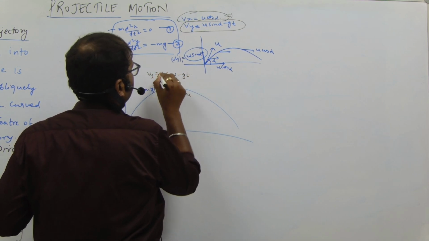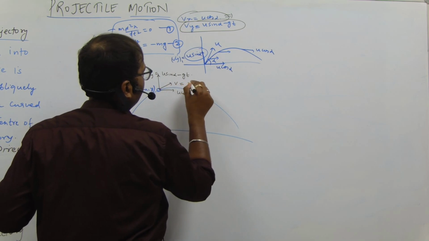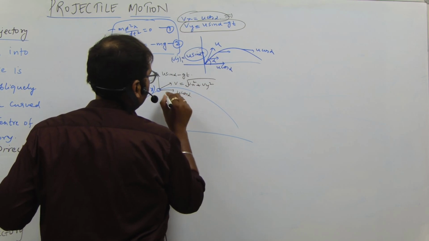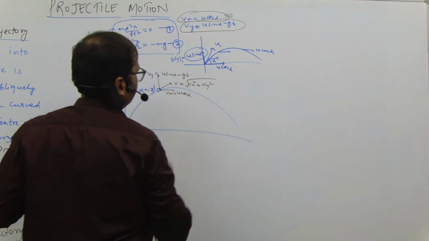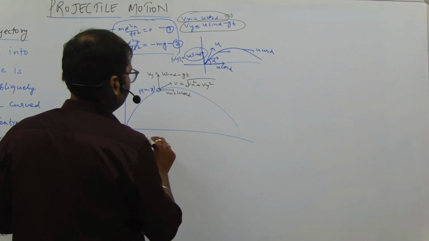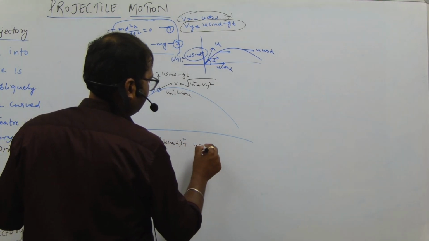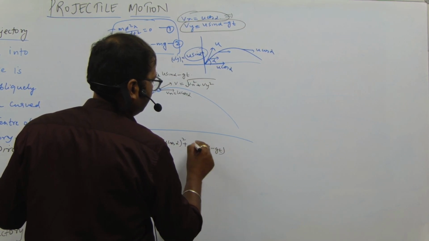So the net velocity v is equal to the square root of Vx square plus Vy square. So the net velocity V is equal to the square root of (u cos alpha) whole square plus (u sin alpha minus gt) whole square.